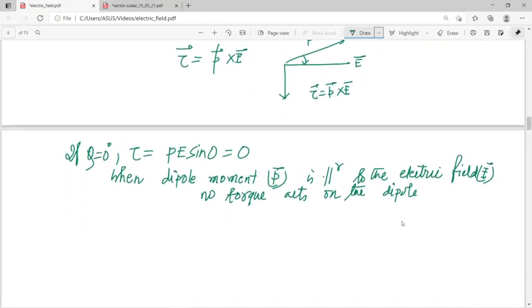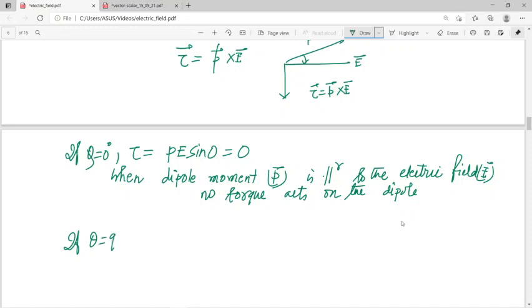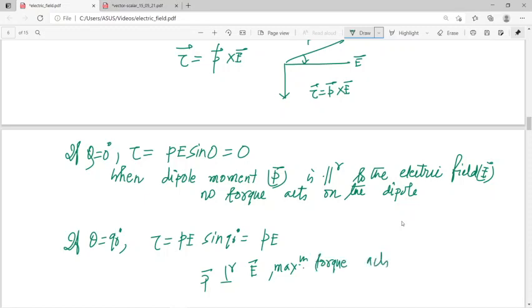And if theta is equal to 90 degrees, the torque is pE sin 90, that means pE, which is the maximum value. That means when the dipole moment p is perpendicular to the electric field E, the maximum torque acts on the dipole. That is the thing that you should know.